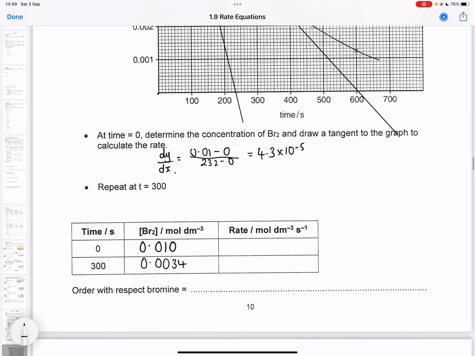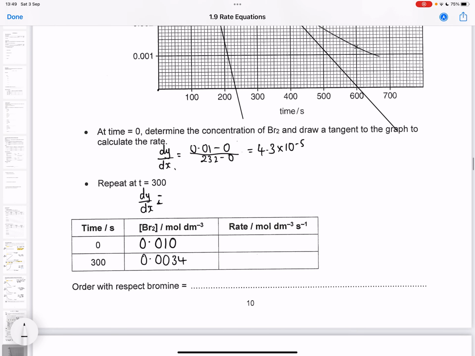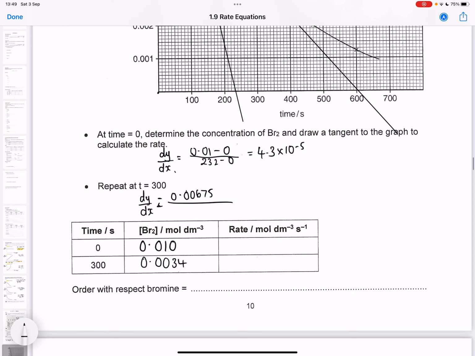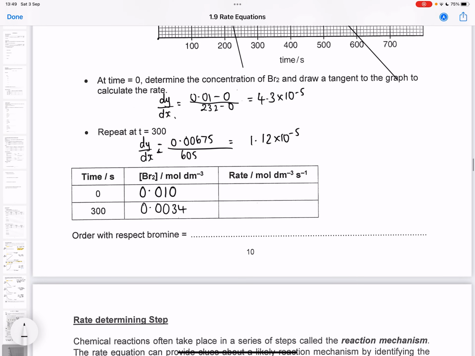Again, I'm going down to the origin because I've drawn my triangle nice and big. Over 605. 1.12 times 10 to the minus 5.